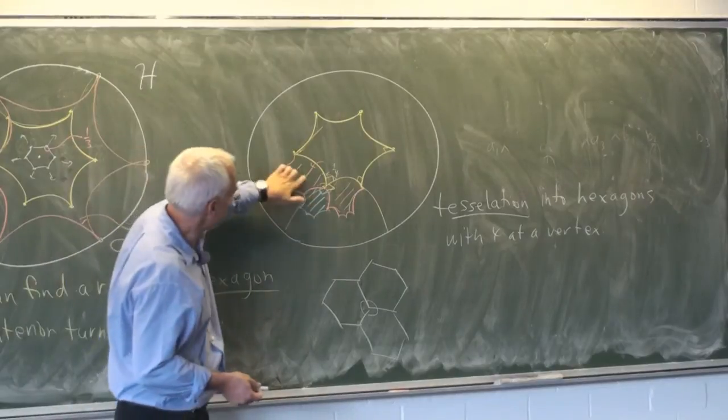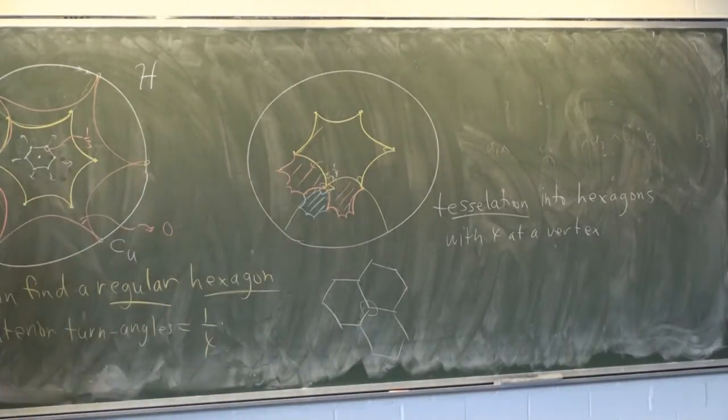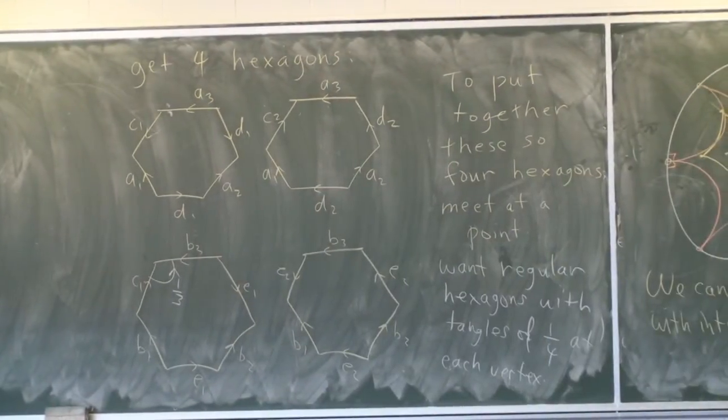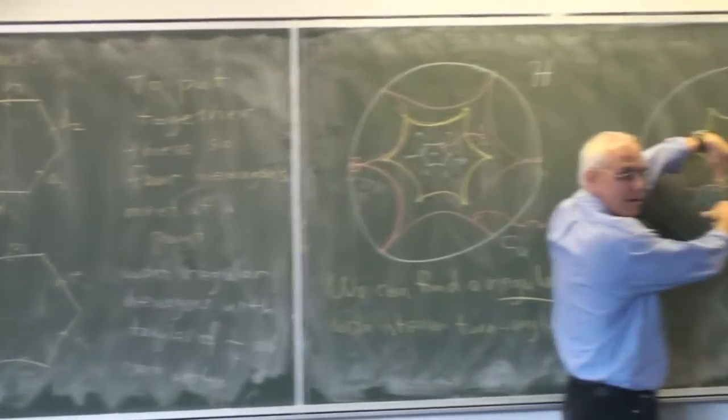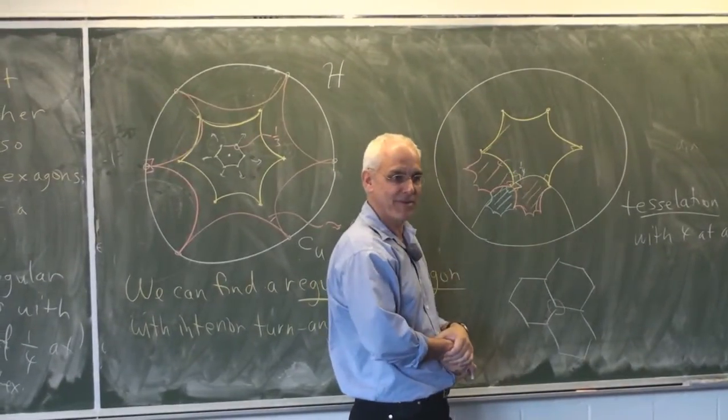Now, these are 4 hexagons that meet 4 at a vertex. So they're like a model, like these ones here. So we could take these and suitably superimpose it on here so that things were all matched up.